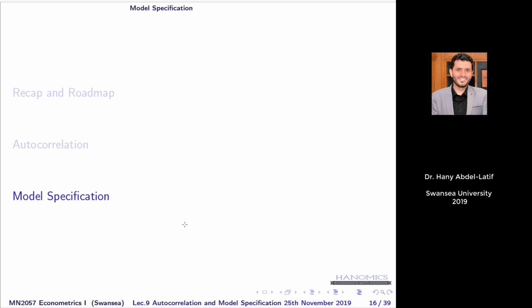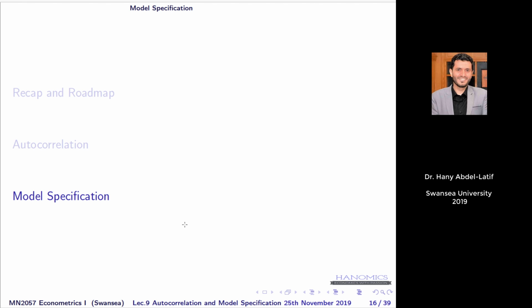Or you can apply these HAC, heteroscedasticity and autocorrelation consistent standard errors. And as I said, for this method, I didn't explain how it does it, but in general, that's the main idea. The presence of autocorrelation and the presence of heteroscedasticity affect mainly the standard errors, so if we can take that into consideration, we could estimate the standard errors correctly, and that will make our estimation BLUE again.